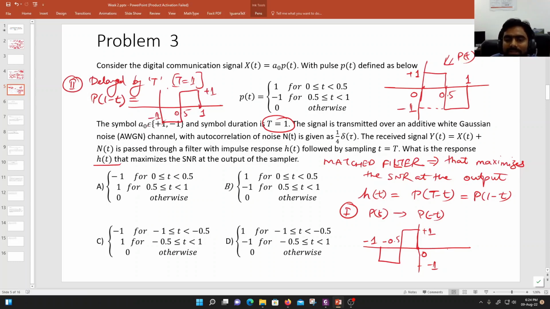So as we can see, now the pulse is nothing but your h(t). From 0 to 0.5 it would be minus 1, and from 0.5 to 1 it would be plus 1. So in the A option, minus 1 from 0 to 0.5 and plus 1 from 0.5 to 1, A option will be correct. So this is the basic problem for the matched filter output.